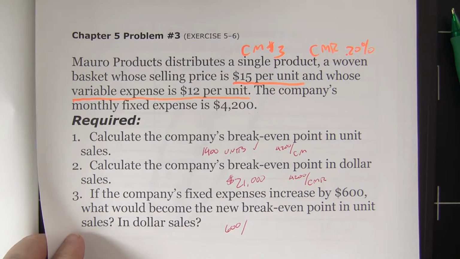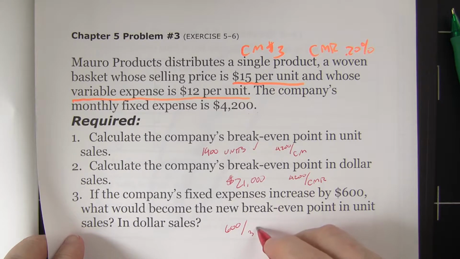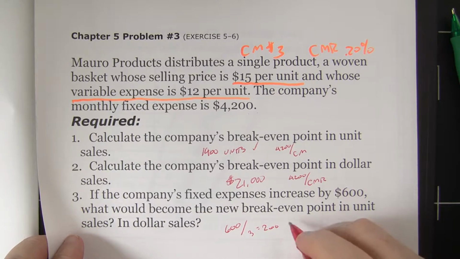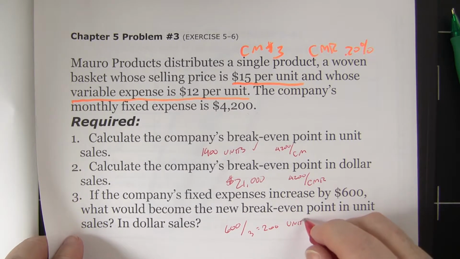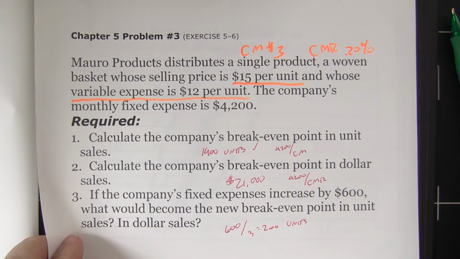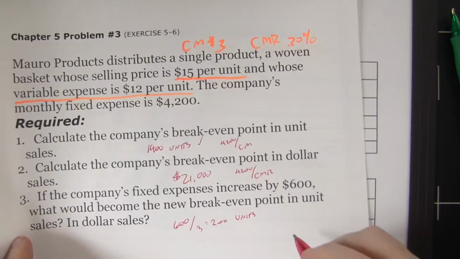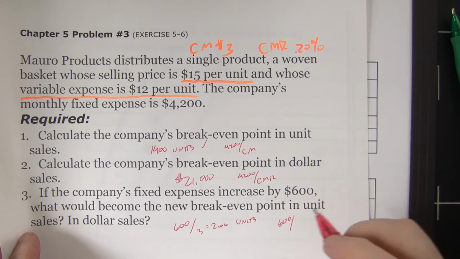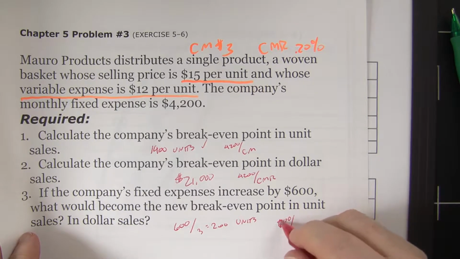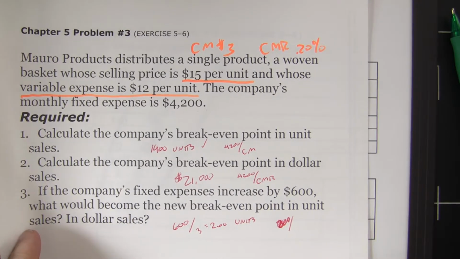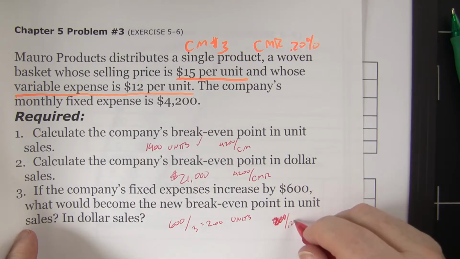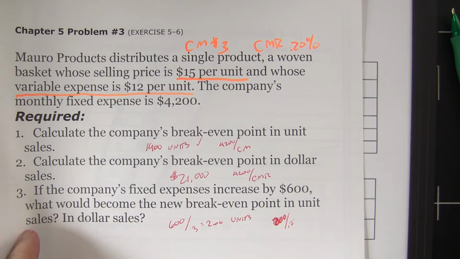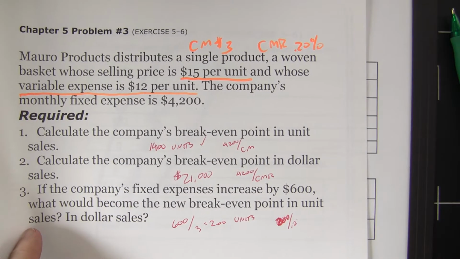Divide that by the contribution margin of 3. We need 200 more units. Likewise, if we take that additional $600 and divide by 0.2, we're going to come up with the same number. Let's go through and prove it.